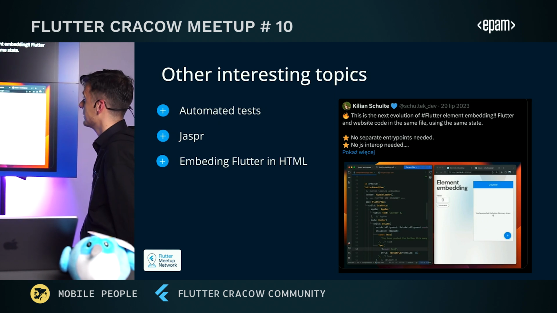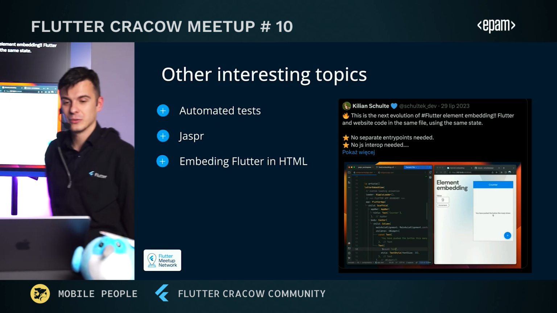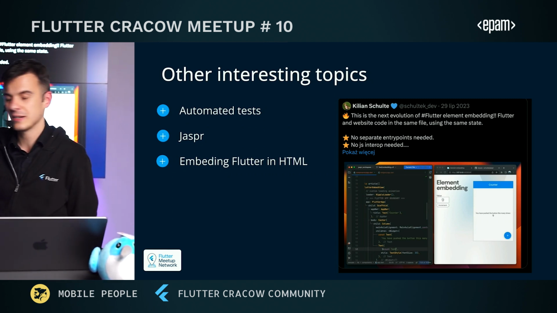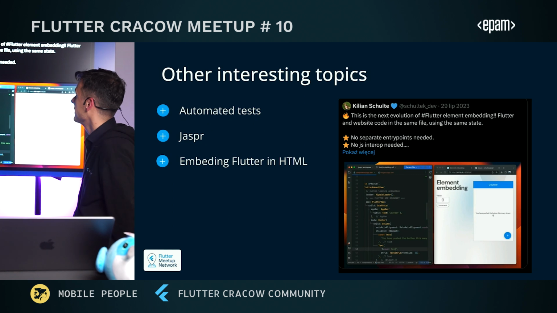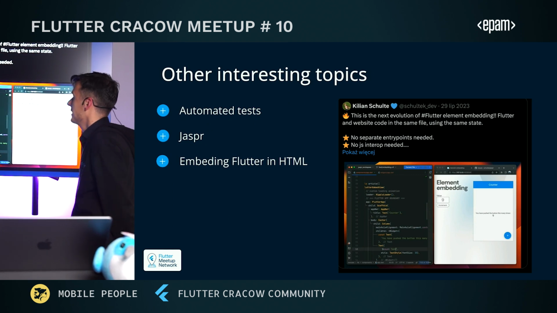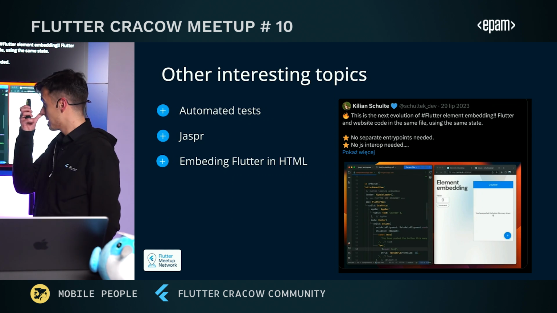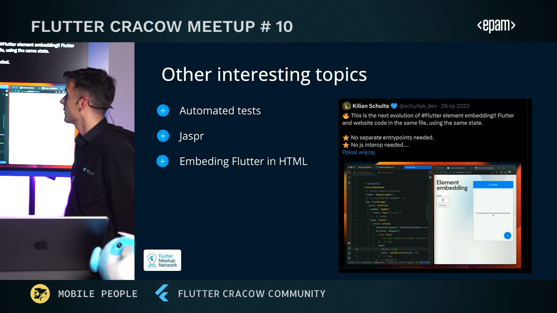Another interesting topic, the automated test. I did spend lots of time trying to find a solution for this talk. I've checked Patrol, Playwright, Maestro. Nothing is actually supporting it yet. I think Maestro is saying that maybe they will support it in the future.